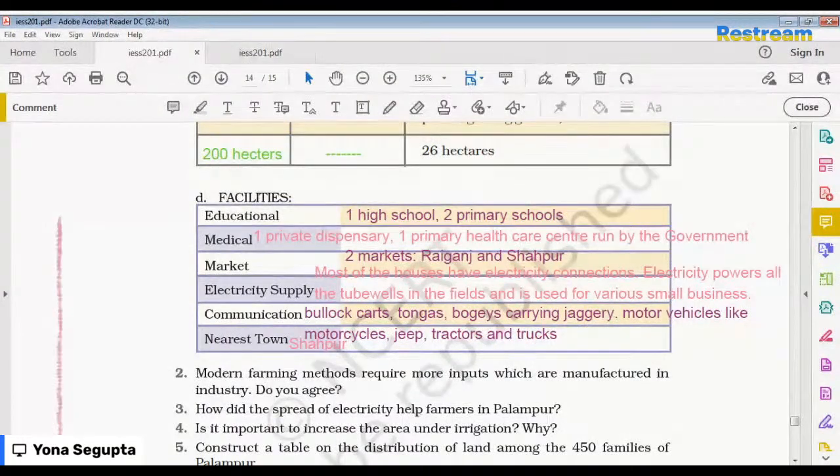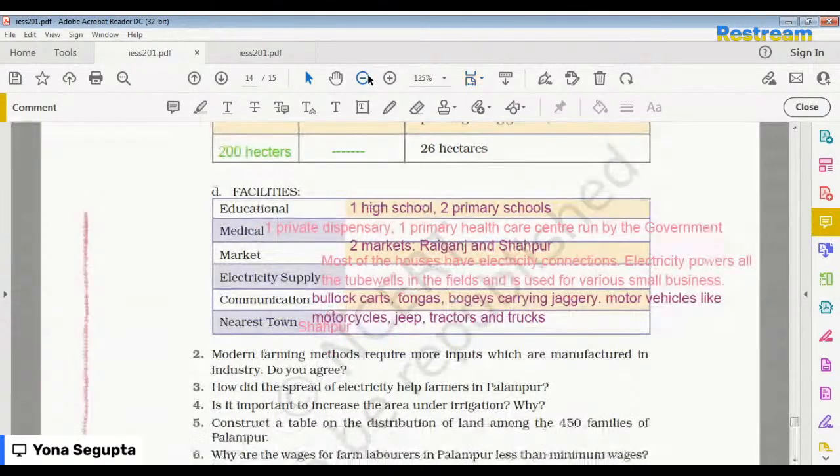However, traditional farming methods use a relatively low yielding variety of seeds and use cow dung and other natural manures as fertilizers, which is why they are less dependent on industrial outputs.